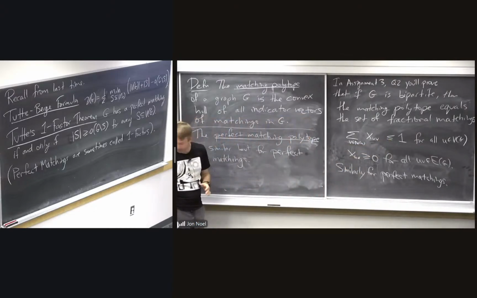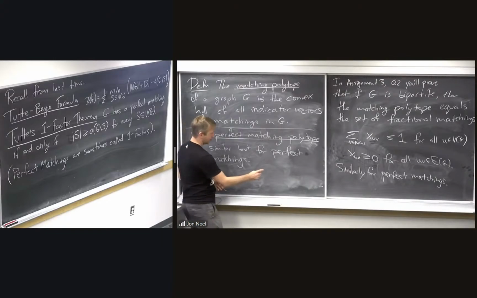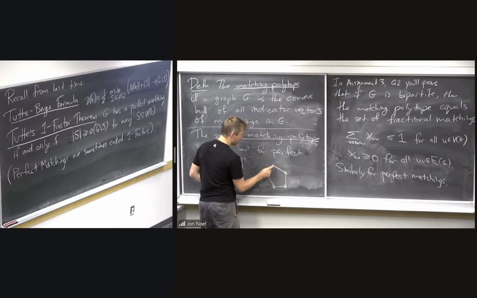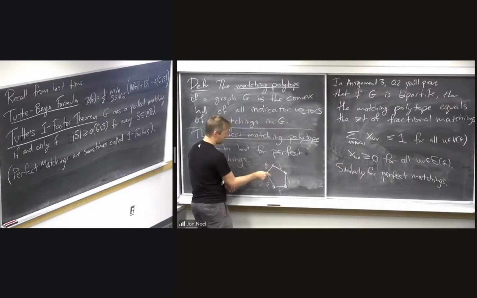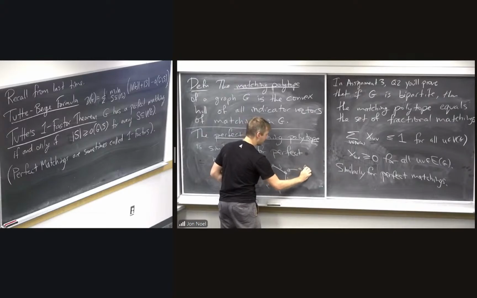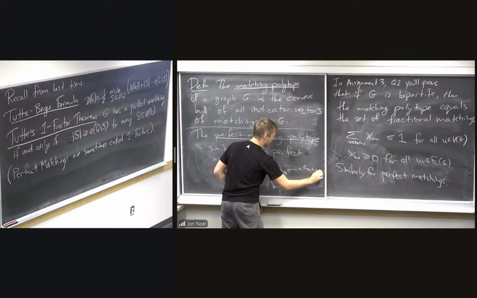Okay, but we saw that this is just false for usual graphs, because this would be an example of a fractional matching: if I put 1/2 on every edge, this is a fractional matching. So this is a fractional matching that's not in the matching polytope.